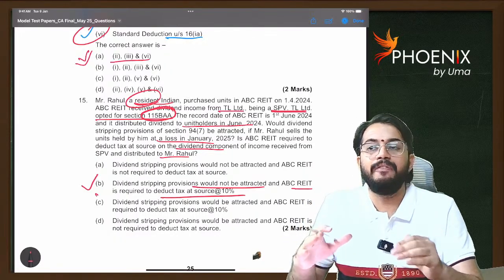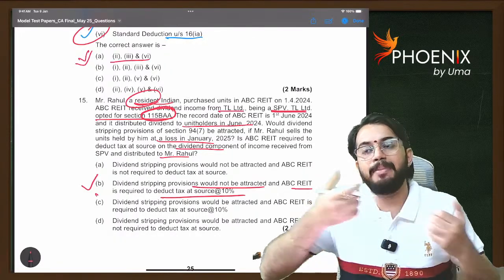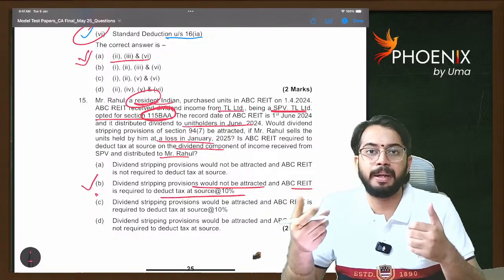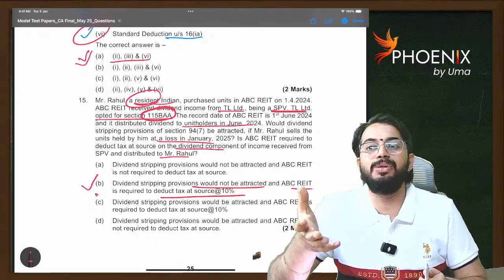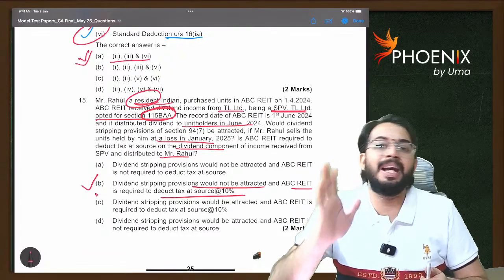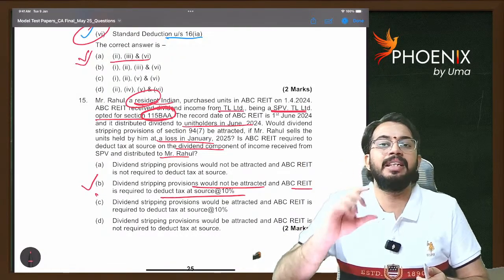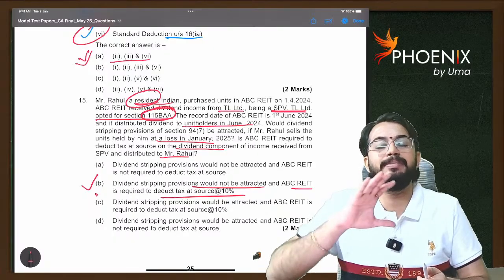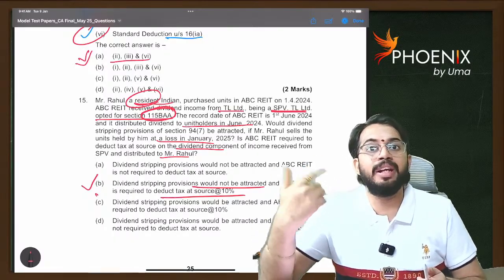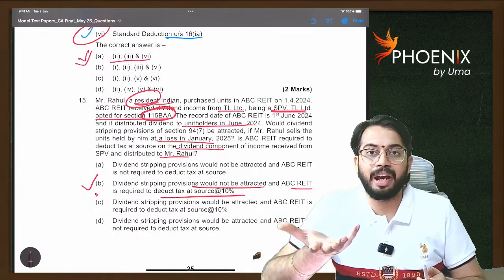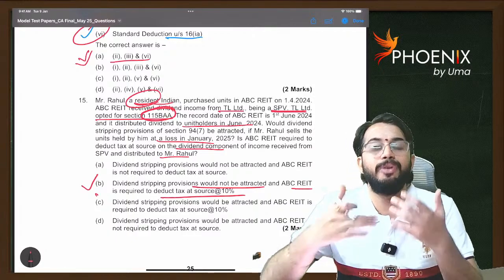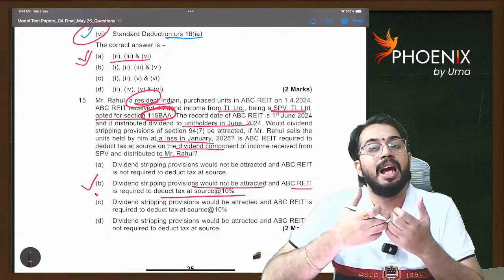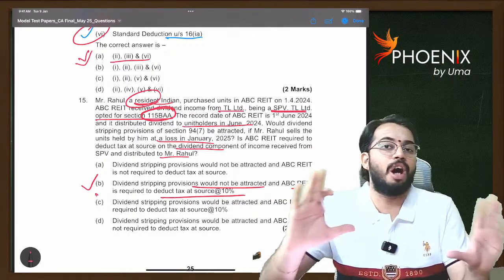Okay, so when we do these many model test papers, these many mock test papers, you will get accustomed to twists that are given by ICAI. In every problem we are seeing some new twist, new point. So whenever we do these many MCQs, you can go to examination very confidently. Okay, because you had experience of doing all these model test papers and mock test papers, you can go confidently.